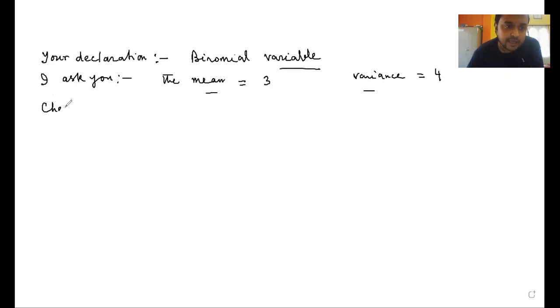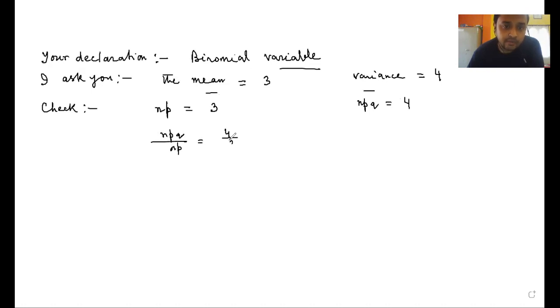Then what can I check? I will immediately check if your declaration is correct. The mean of the binomial variable is given by the formula np, which is 3. And the variance of the binomial variable is given by the formula npq, which is 4. If I divide npq by np, then what do I get?